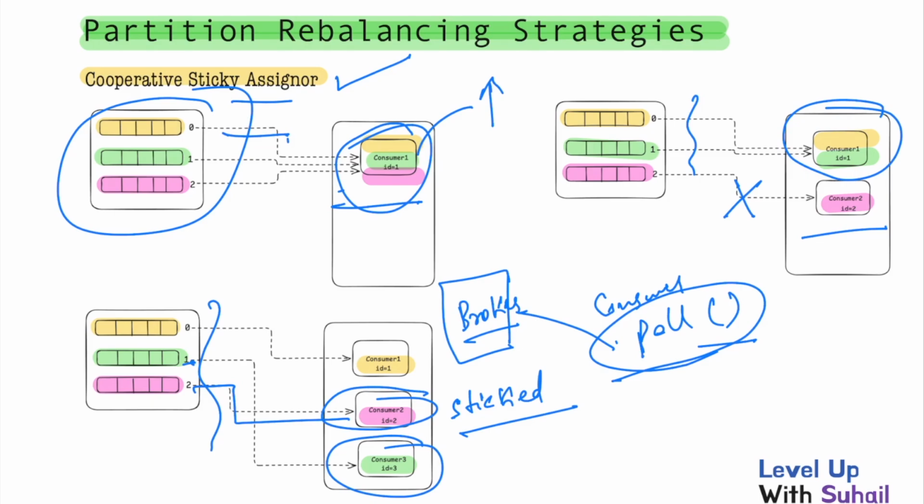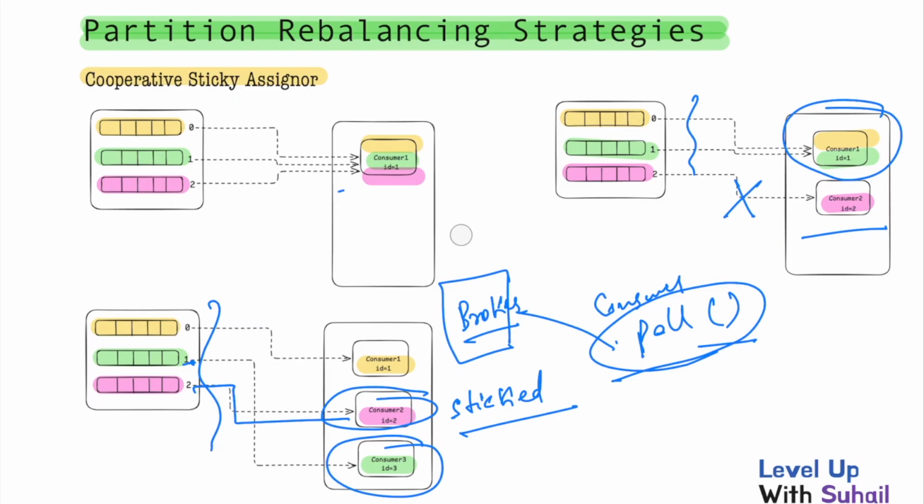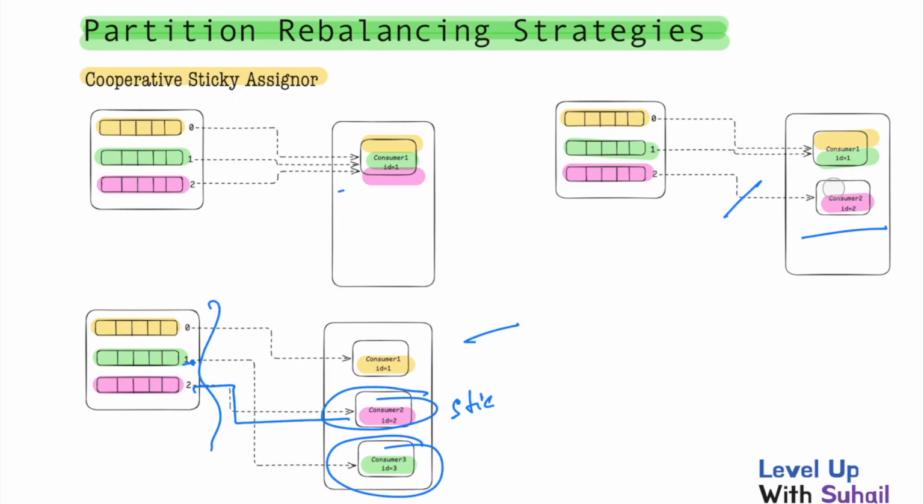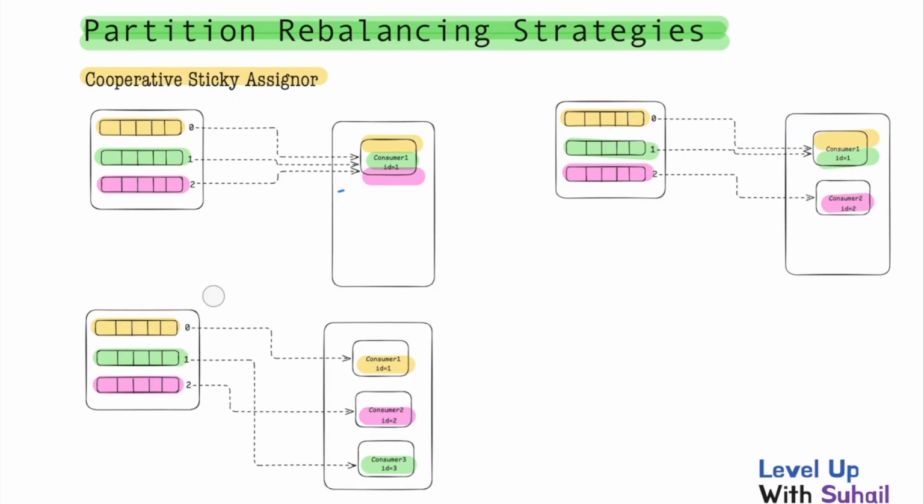So for example, let me erase all this first so that I can explain better. Suppose we have a Kafka broker and a topic which has aggregated information, let's say the number of orders processed.